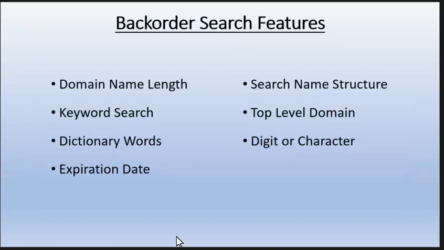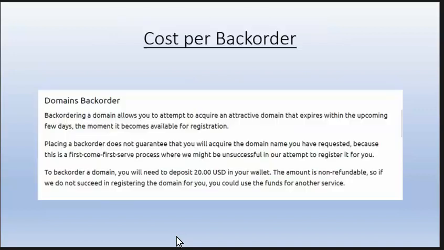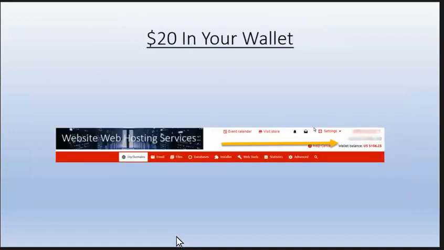We have reviewed the 7 key domain backorder filters. Next is the cost to place a domain backorder and how you register for a domain backorder account at Website Web Hosting Services. To get started, what you need is $20 in your wallet to place a domain backorder.